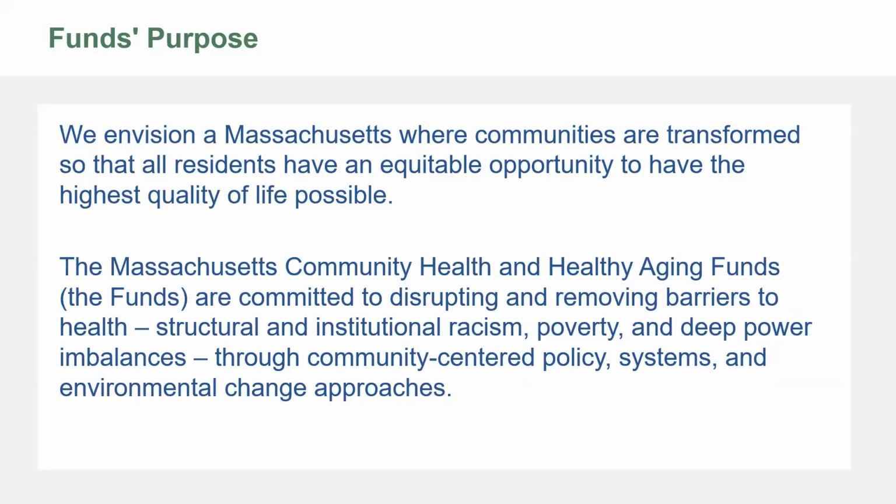So the fund's purpose, or our vision, is a Massachusetts where communities are transformed so that all residents have an equitable opportunity to have the highest quality of life possible. And our goals are really to think about how we can disrupt and remove barriers to health.